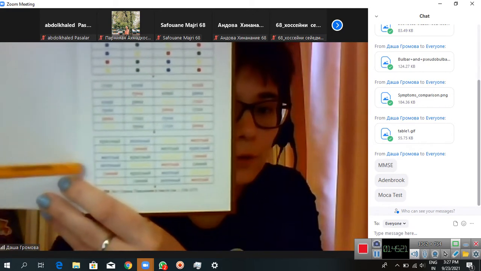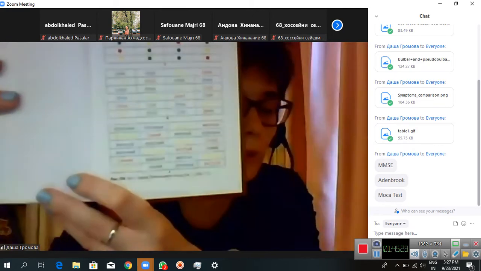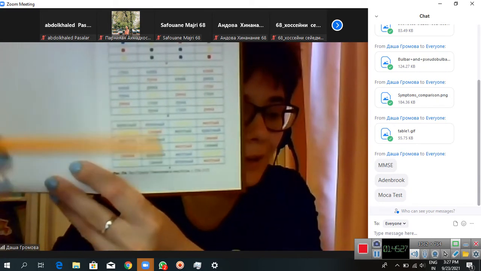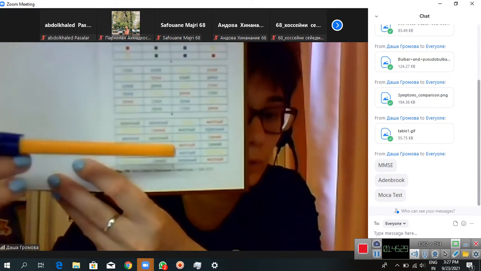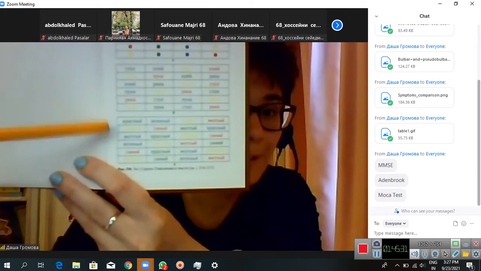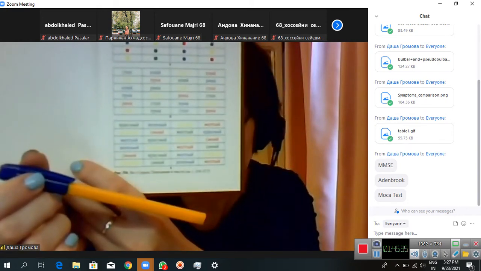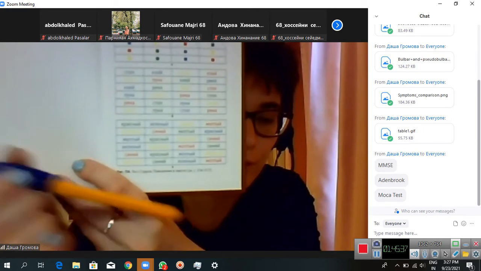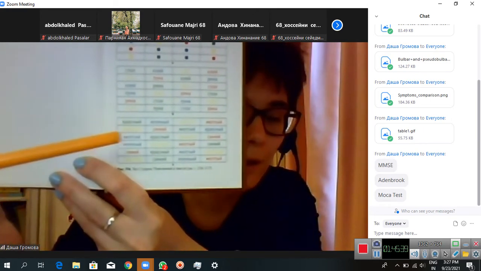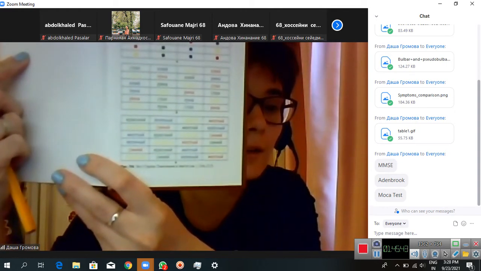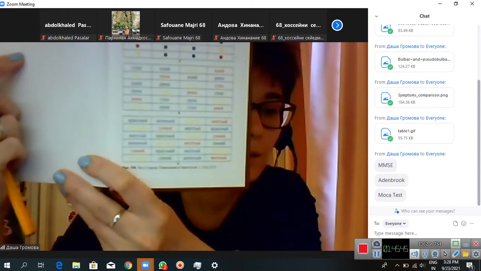And then the third one, the most difficult one. Here are names of colors, for example, yellow, green, red, and blue. Each color name is drawn in a different color. For example, it's written red, but the color of the letters is different.